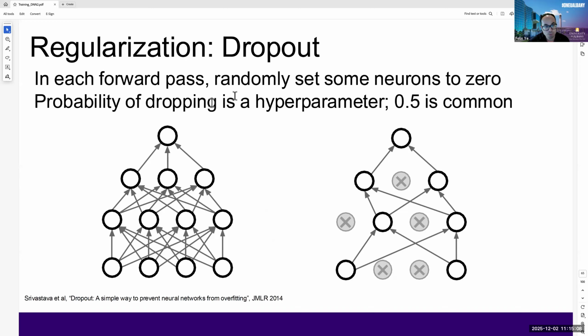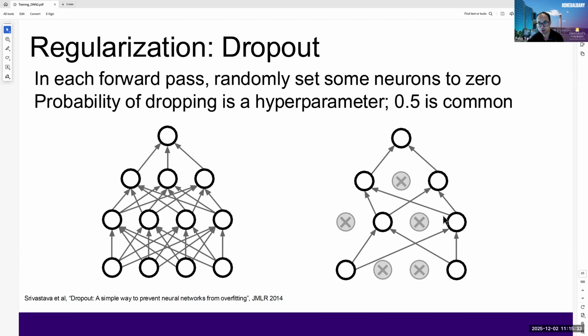In each forward pass, I'm going to randomly set some neurons to 0. So here is a fully connected network. For each neuron, I'm going to flip a coin, half on and half off.